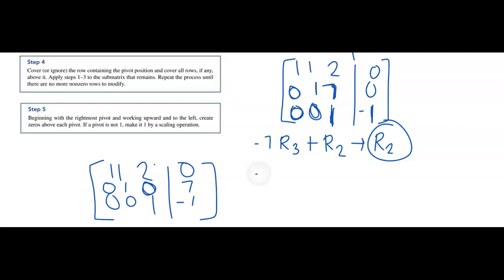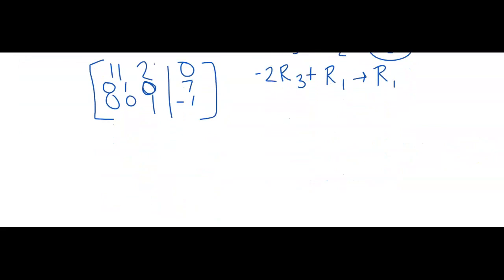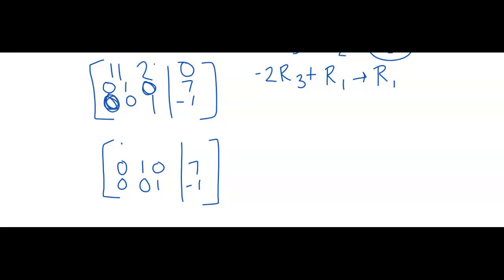So I need to take -2, row 3, and add that to row 1. Put that back into row 1. Okay, -2, row 3, -2 times 0, 0 plus 1, 1, 0 plus 1, 1.